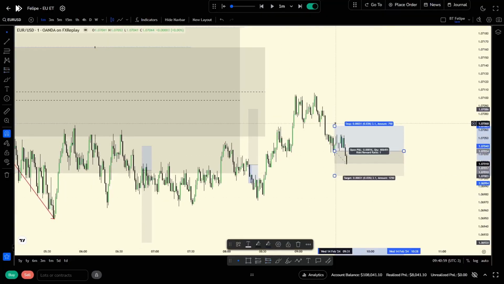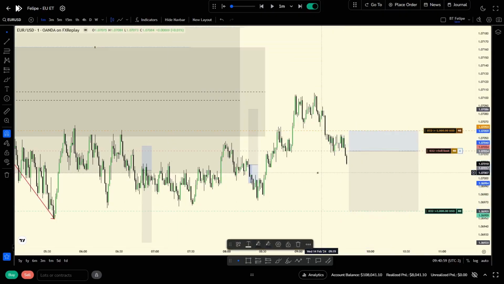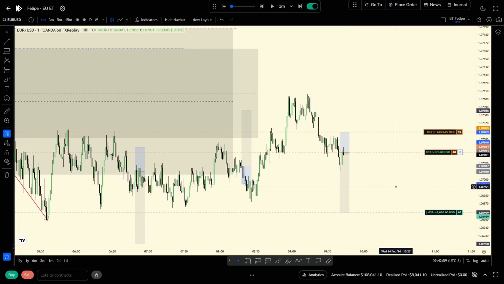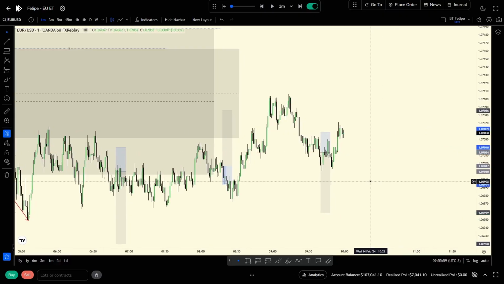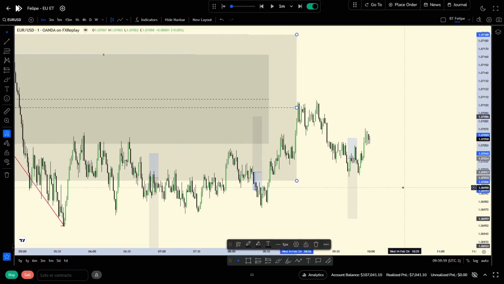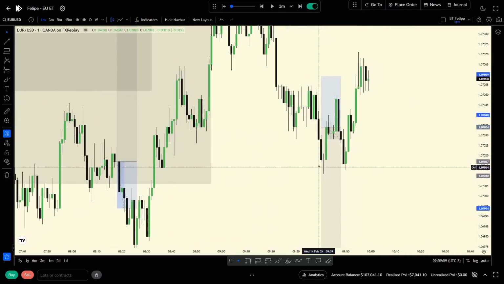And gave the setup here. This one's not valid, broke the low.